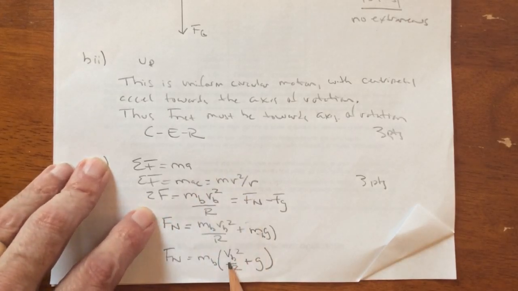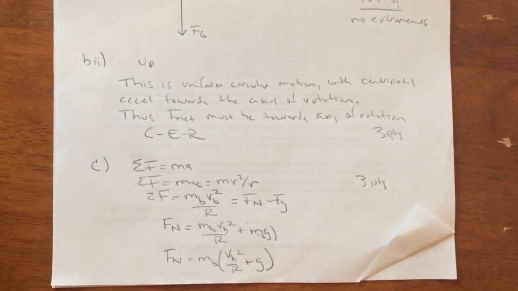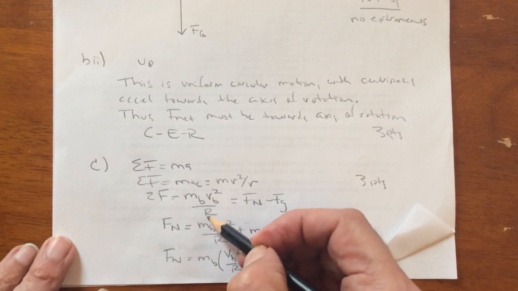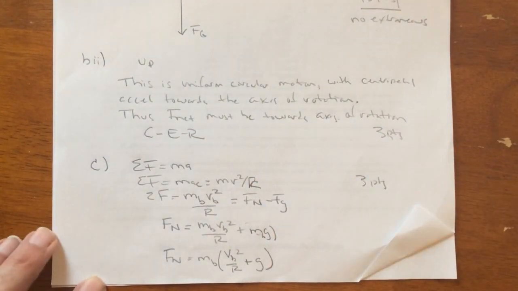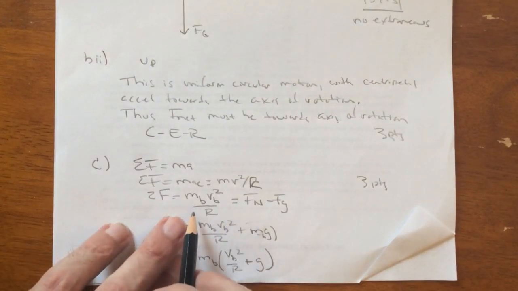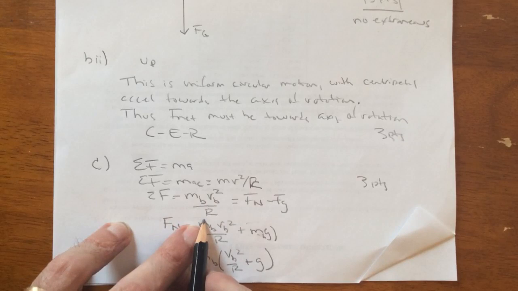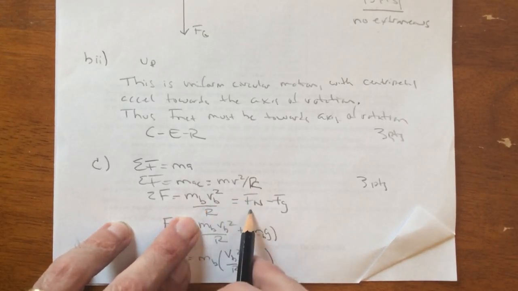Now we're going to put our variables in. I'm going to walk the dog here. They like you to do this. They don't want to see just mass. They want to see mass of what? Mass of the book. Give them what they want. Mass of the book, velocity of the book squared over capital R. I'm very sorry.